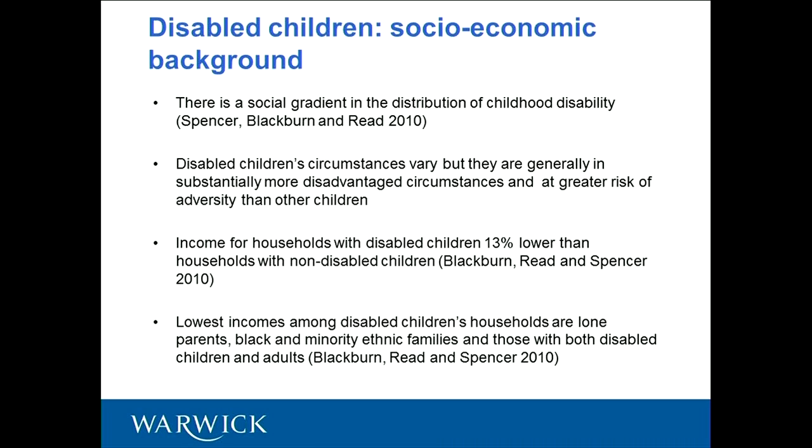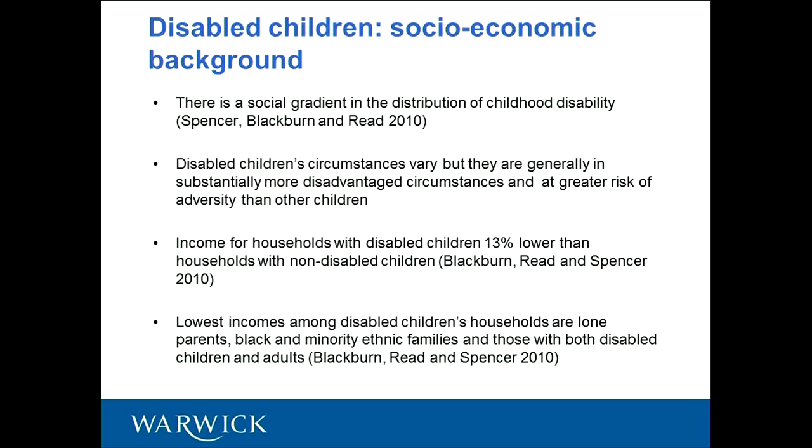In other words, among people who are poorer and have fewer material resources. Okay? So disabled children's circumstances vary, but they're generally in more substantially disadvantaged circumstances and at greater risk of adversity than other children.